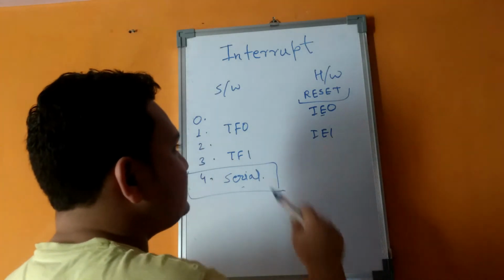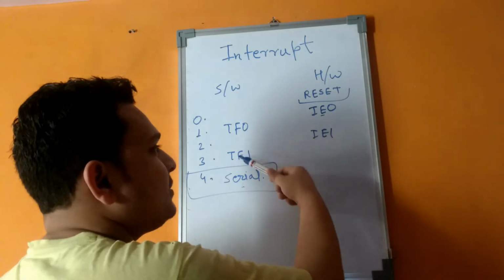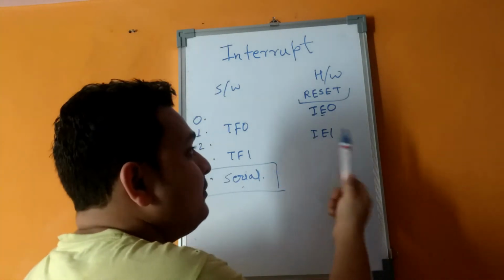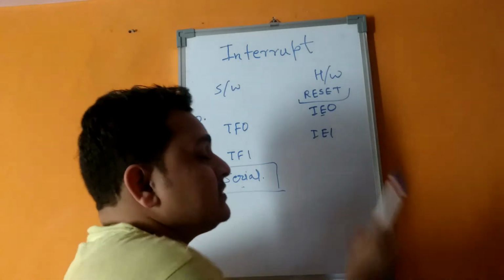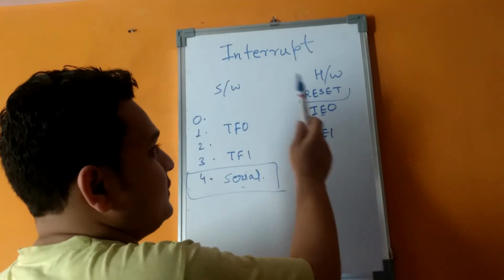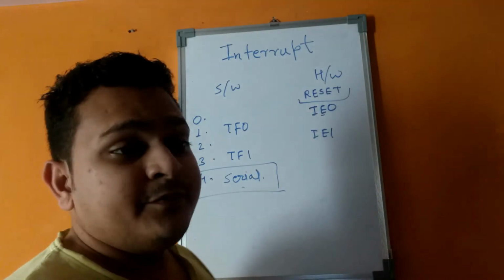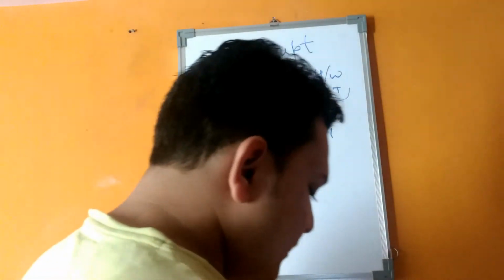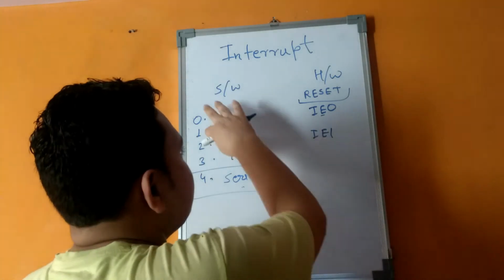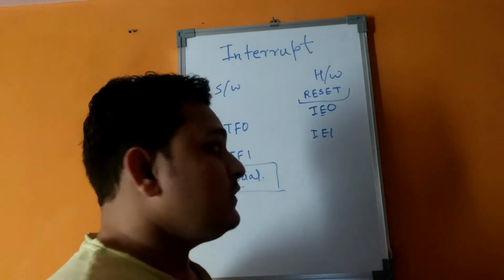So first of all, these are software interrupts, timer based. So if you learn the first one, the second one is the same. So I have to just explain the 2 interrupts over here, which is software and hardware, timer and the external interrupt. So you have to understand why I am giving this in this order.